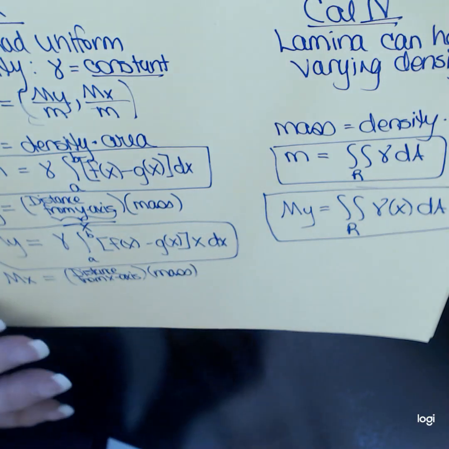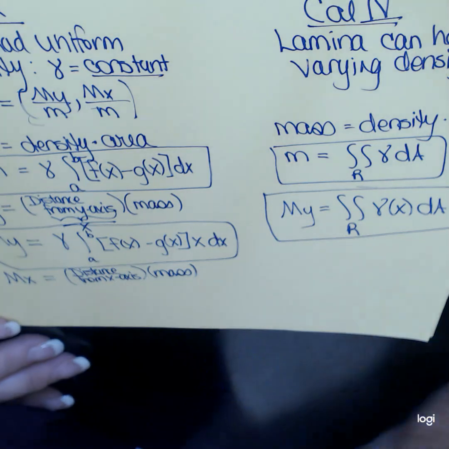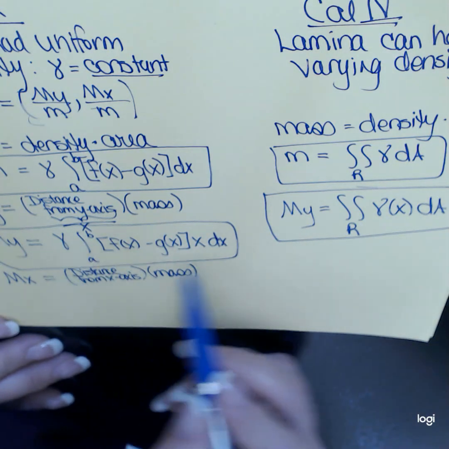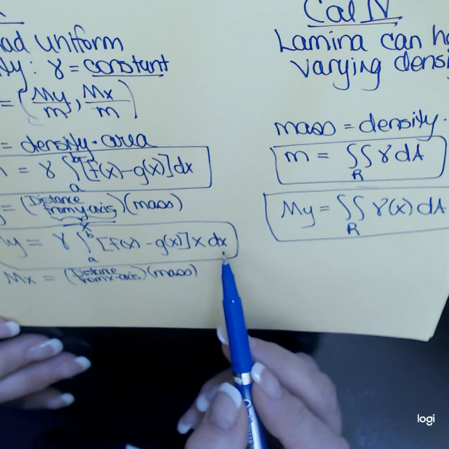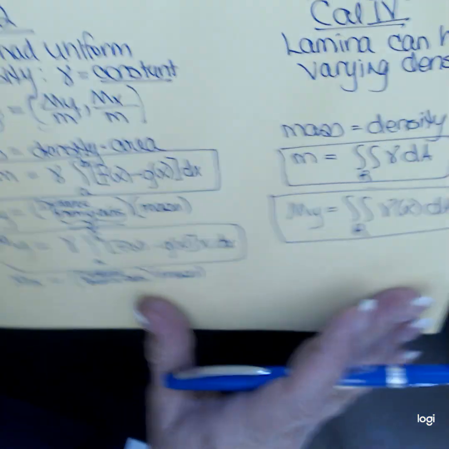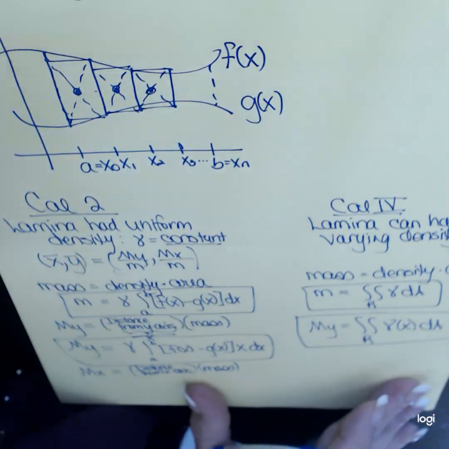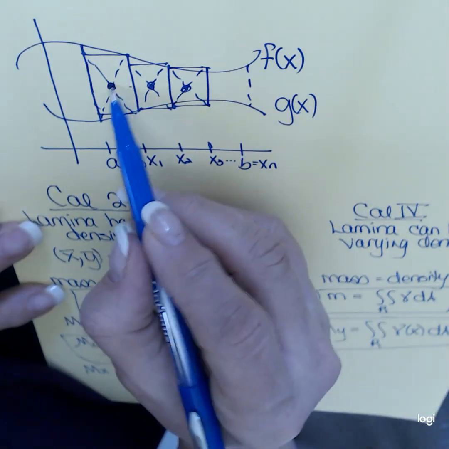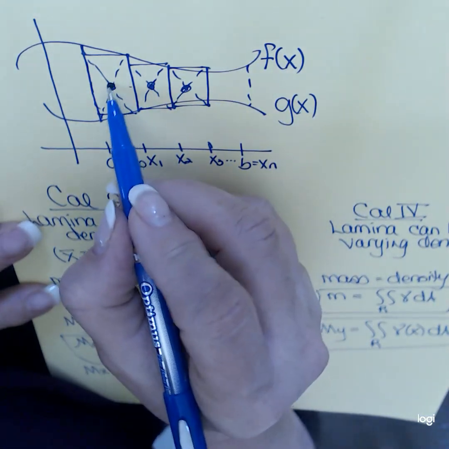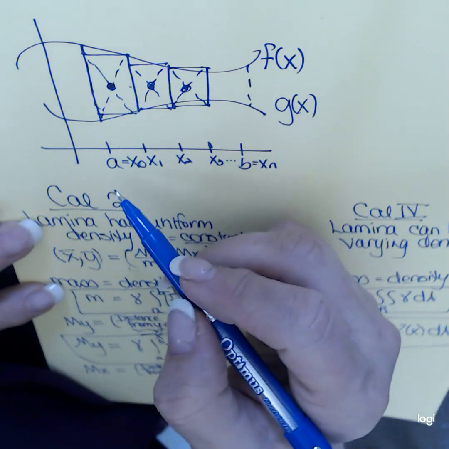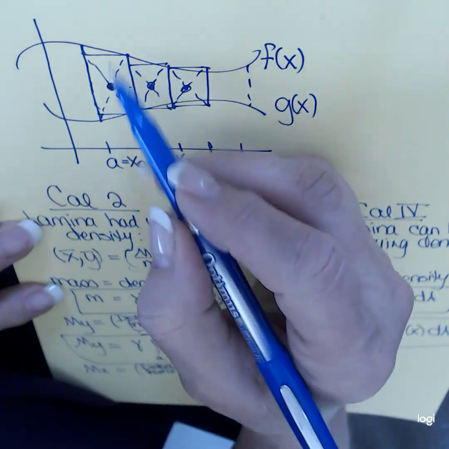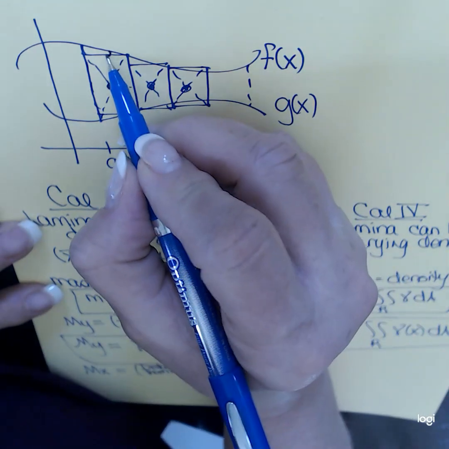But what is the distance from the x-axis? It's y. And the problem became we could not put a y into a dx. So what we had to do instead, let's come back up here and look, we needed to figure out what this coordinate was here in terms of y. And it's just something in the center.